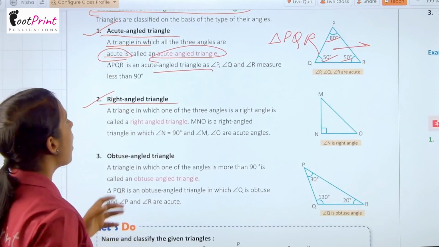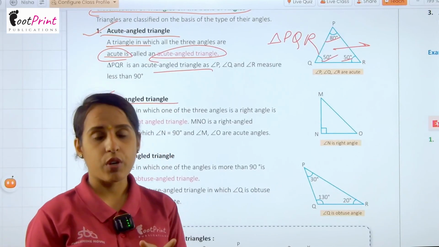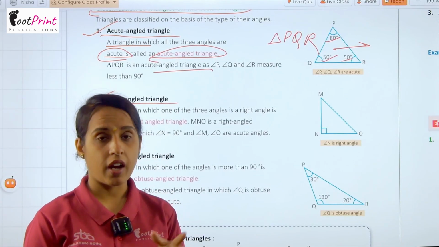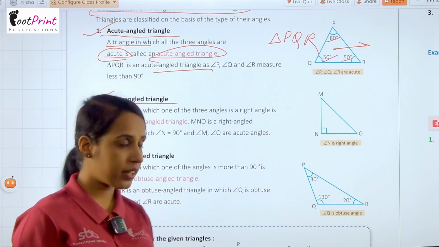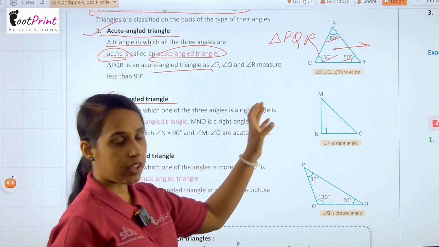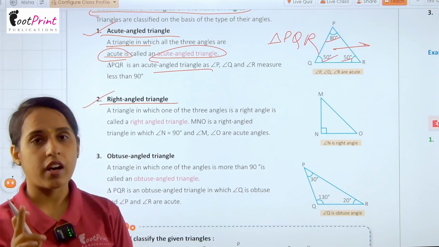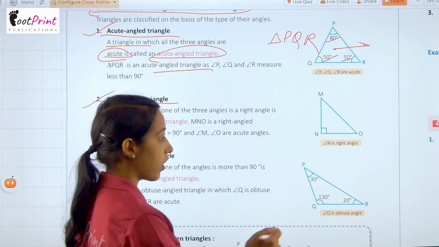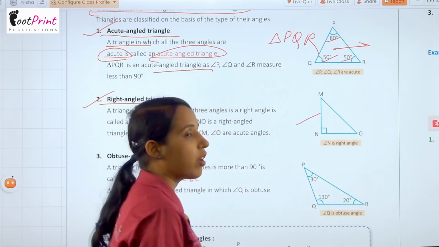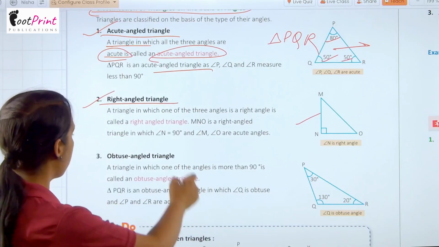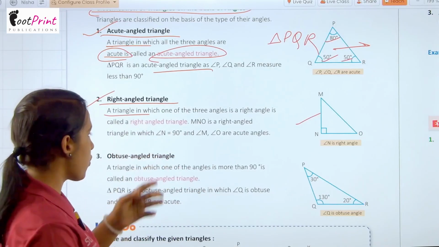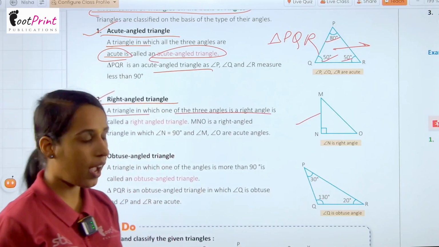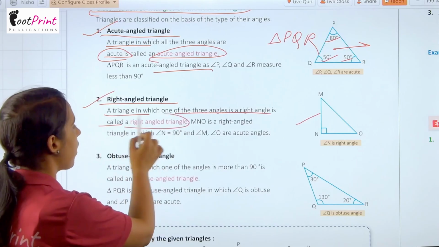Next one is right angle triangle. As we know, a right angle means an angle that is equal to 90 degrees. So if in a triangle we have an angle of 90 degrees, we can say that triangle will be a right angle triangle. A triangle in which one of the three angles is a right angle is called a right angle triangle.